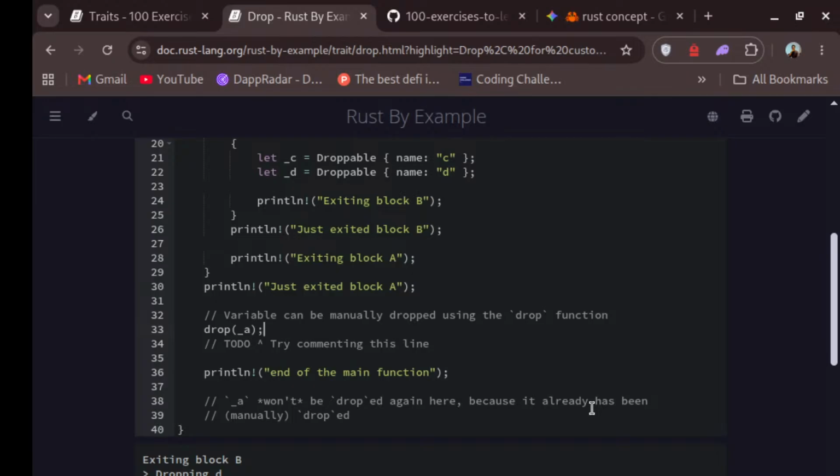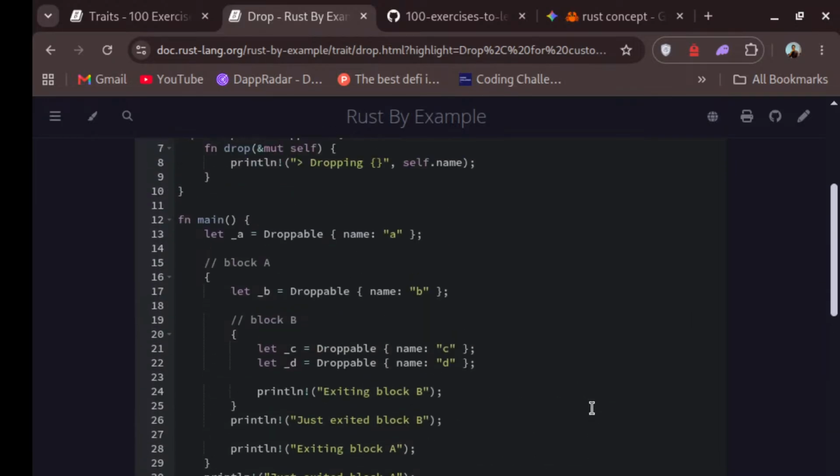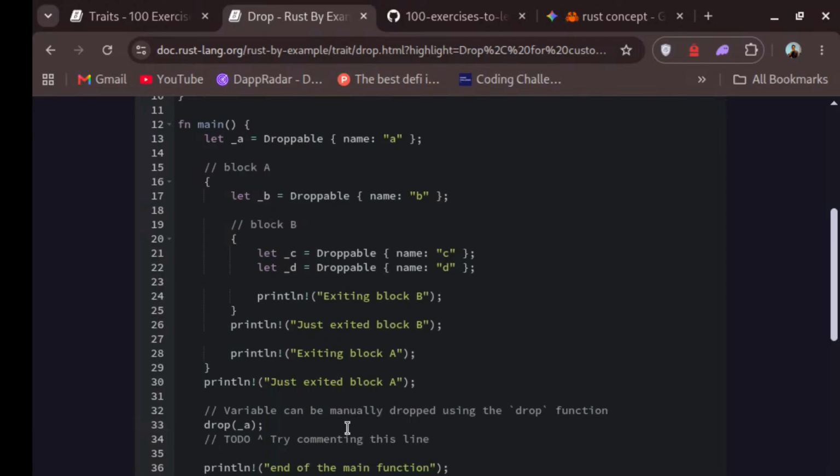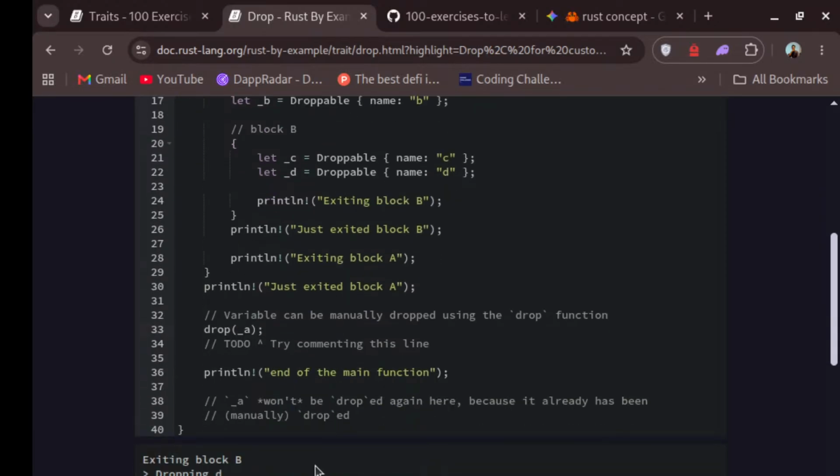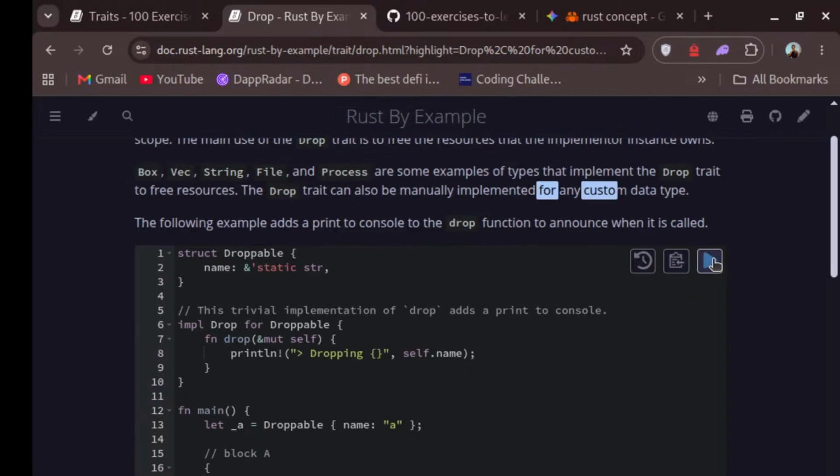That means if we comment this line, what will be the change? Okay, let's see what the change is, and let's find out the answer.